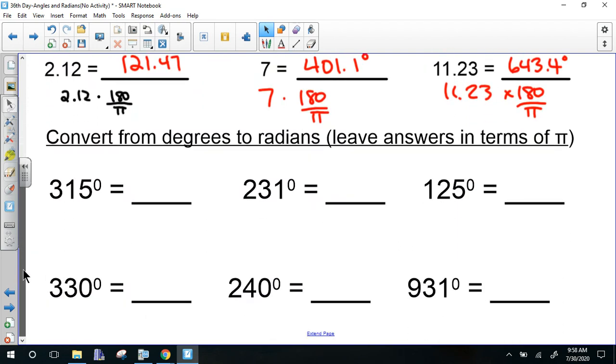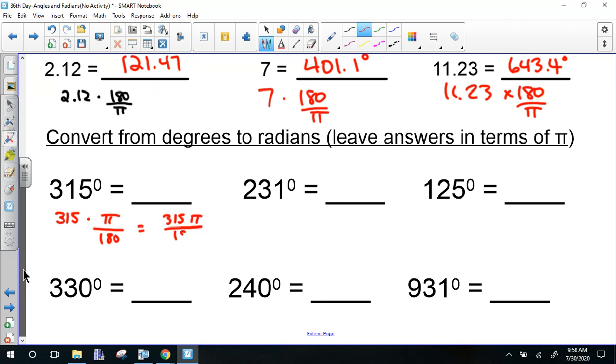All right, now we're going to convert from degrees to radians. And we want to leave our answers in terms of pi. That means we want pi in our answer. So we're going to do the opposite, the other rule. We're going to multiply 315 times pi over 180. So if we do that, we get 315 pi over 180.